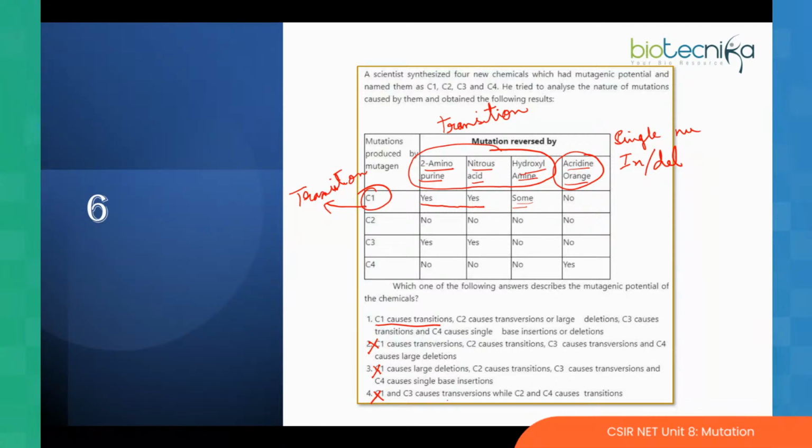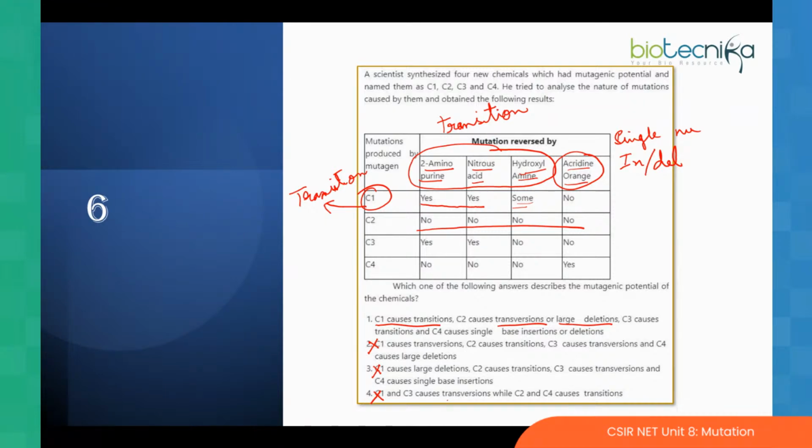Next, C2 is not getting reversed by any of the mutagens, which means it will be neither a transition nor an insertion or deletion. So what can C2 be? Option 1 says that C2 can be a transversion, yes, which is possible, or it can be a large deletion. Acridine orange can only reverse single nucleotide insertion or deletion.